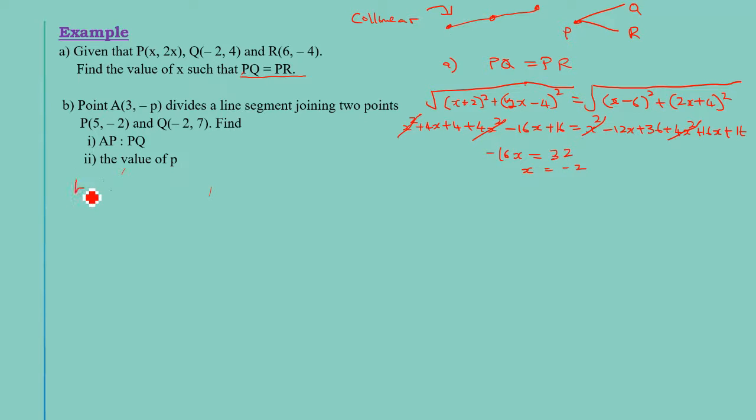Okay, for part B, point A divides a line segment joining 2 points P and Q. So let's say you have a line. I didn't write in exact coordinate form. I'm just putting 3 points here.